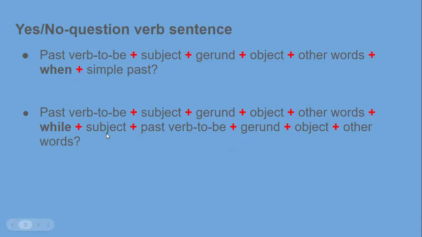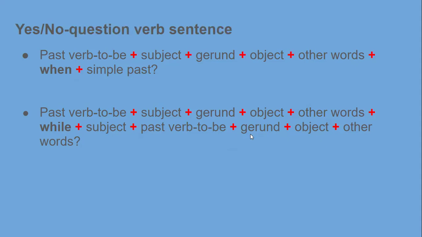Okay, that of course the second action, which is happening at the same time with the first action, should also, of course, be in the past continuous tense. Okay, now remember, this is a continuous sentence, so that's why then we need the gerund to show that the sentence is continuous.